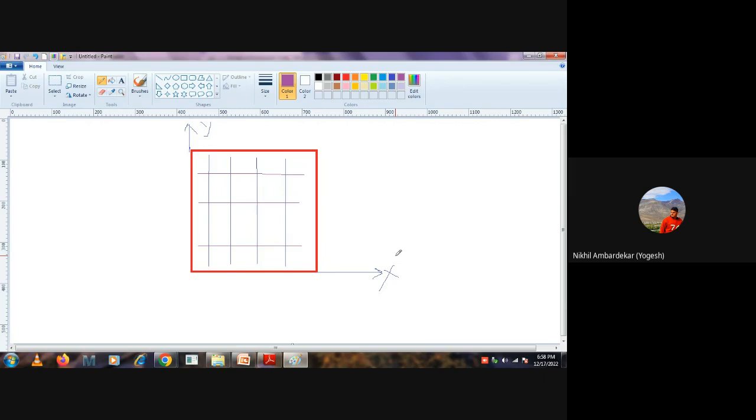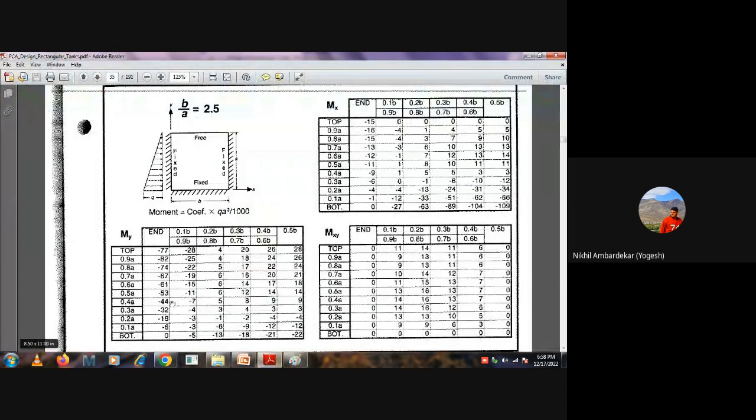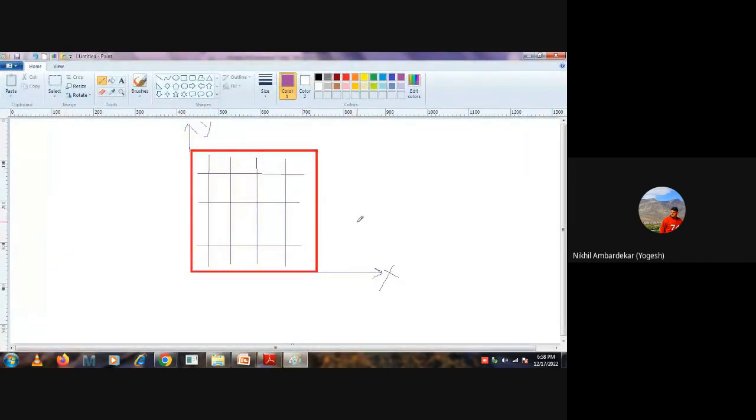So I am asking you one question. The PCA tables give me different tables like MX and MY, bending moment along X axis and bending moment along Y axis. That is fine, but I want to find the moment to provide the reinforcement for the vertical steel. For vertical steel, which moment do I need to calculate?